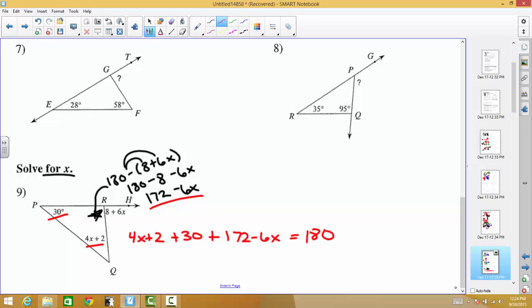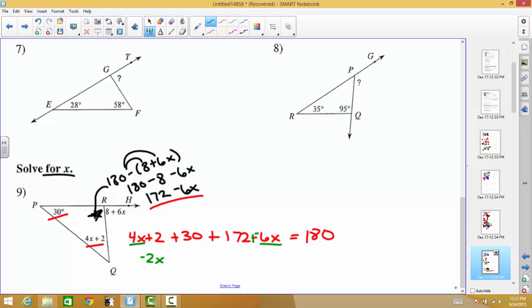The three angles of the triangle add to give you 180. You're going to put your like terms together. X's go with X's. That's a minus. If you lose negatives every time you have a minus, slash and dash, make it a plus and change the sign of the thing behind it. So together, that is a negative 2x.